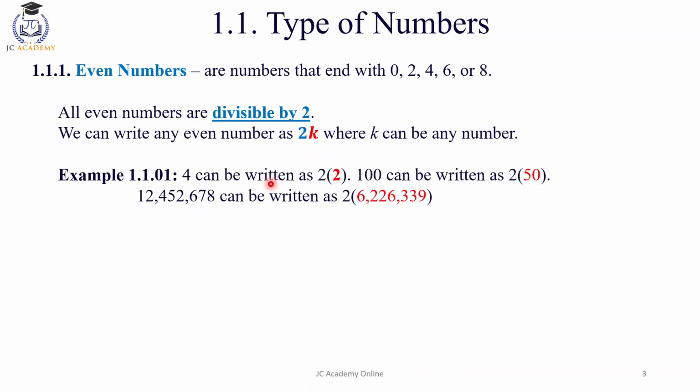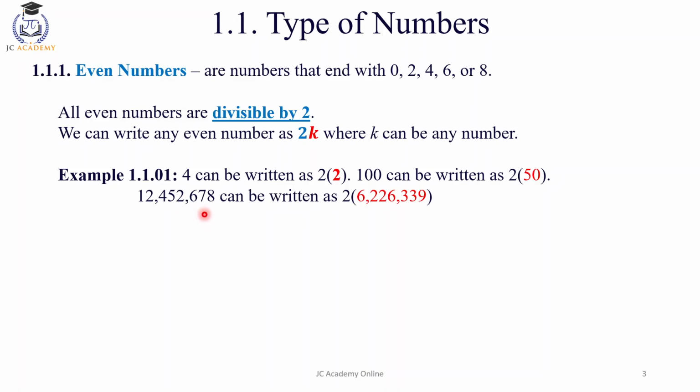For example, we have the number 4. Notice the number 4 can be rewritten as 2 times 2. 100 can be written as 2 multiplied by 50, where in this case k is 50, and in the case for 4 the k is 2. Then we have another number, 12,452,678.